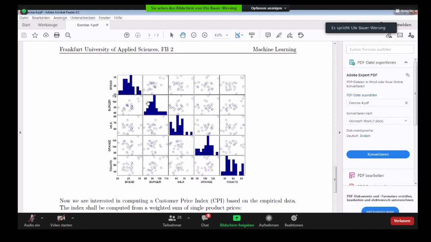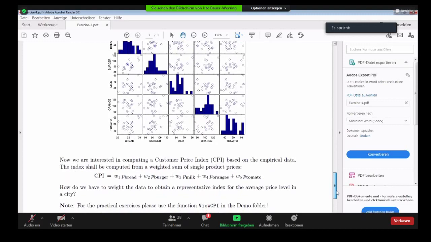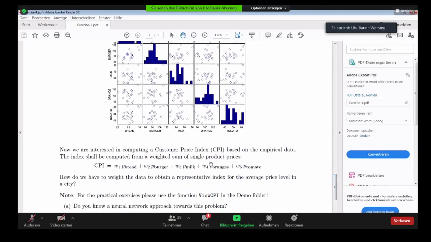On the diagonal, what we do see is that the mean price for bread, burgers, oranges, and tomatoes is slightly different. You can see it here. And it's kind of normally distributed, but not at all. What we are interested in is computing a price index based on this data.